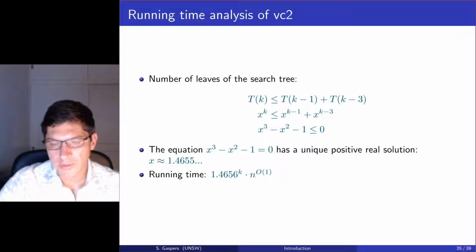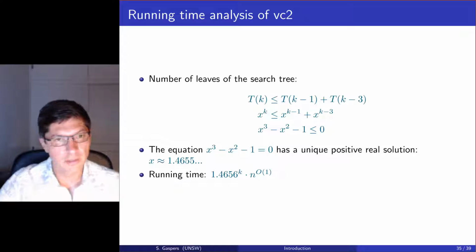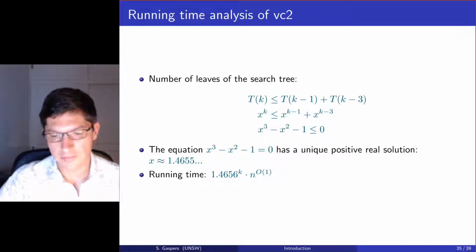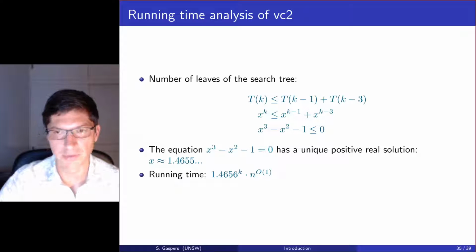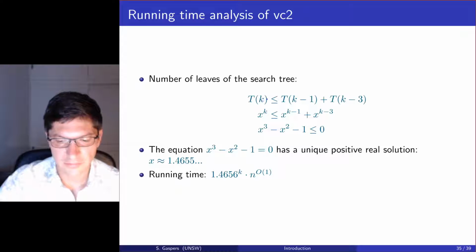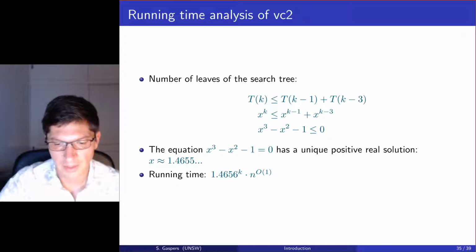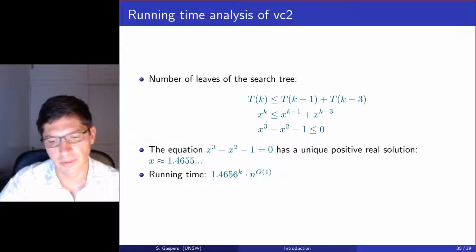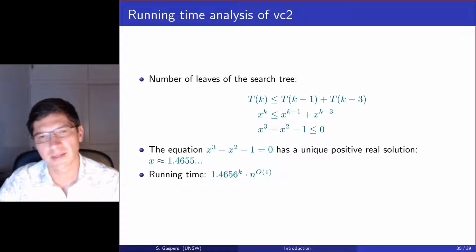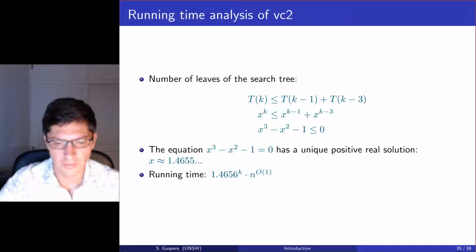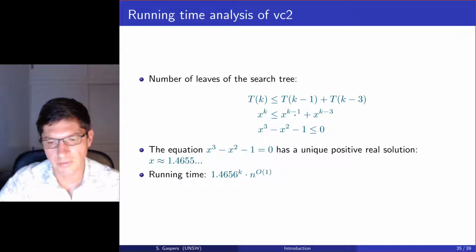We'll go more into details about how to upper bound such running times later in the course, but let me just give you a teaser. So we can write this T of k, which represents the number of leaves of the search tree, as x to the power k, because we know we get an exponential number of leaves, so let's write it as x to the power k. So this is then at most x to the power k minus 1 plus x to the power k minus 3.